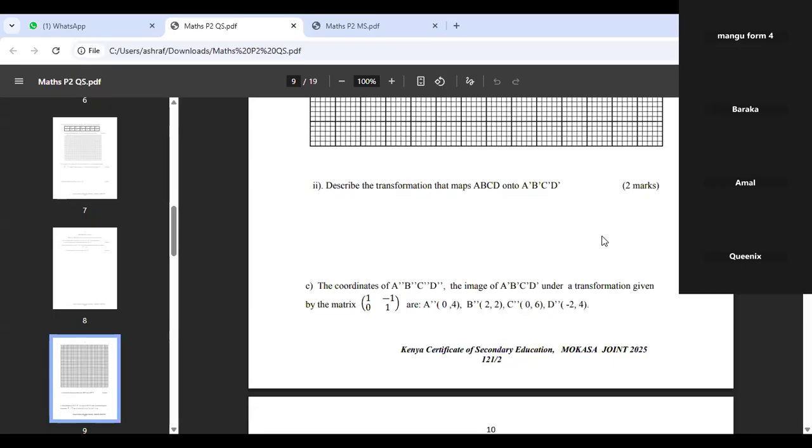If you are given an object and an image, how do you tell it's a shear or it's a stretch? If you have the object and the image, they have been plotted, then you want to identify the transformation. How would you tell it's a shear and not a stretch?